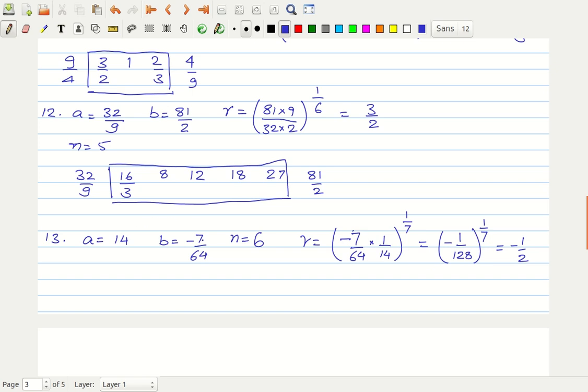you have to do is just multiply the first term. So our geometric sequence is going to be first term, which is 14, and then I multiply this by minus half.